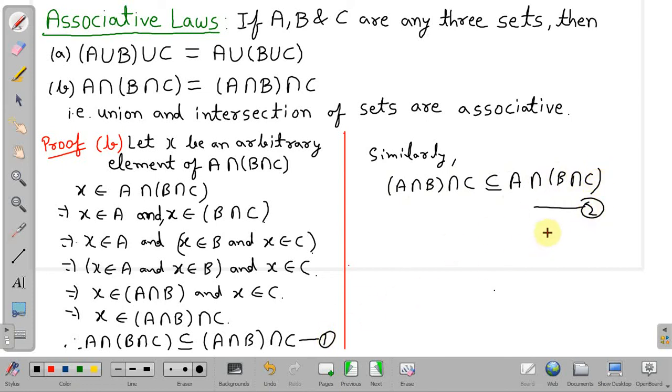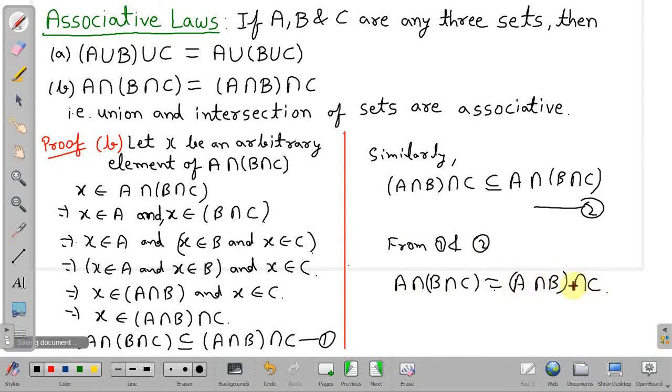So from 1 and 2 we can conclude that (A intersection B) intersection C is equal to A intersection (B intersection C). Okay, so this is how we can prove a relation between sets.